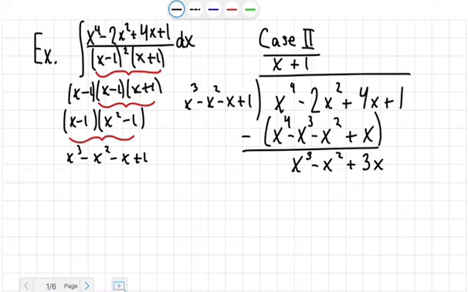So take that, multiply it down, see what we get. We end up with x to the power of 3 minus x squared minus x plus 1.